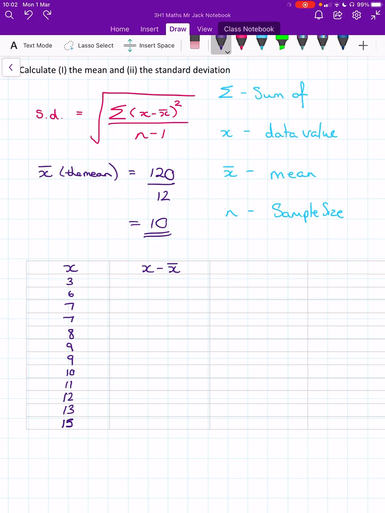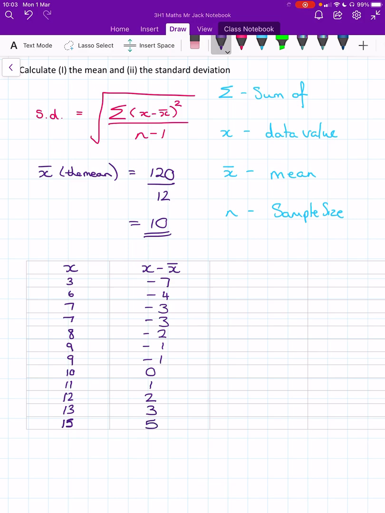So 3 subtract 10, negative 7. 6 subtract 10, negative 4. 7 subtract 10 is negative 3. 7 subtract 10, negative 3. 8 subtract 10, negative 2. 9 subtract 10, negative 1. Another negative 1. 10 subtract 10 will be 0. 11 subtract 10, 1, 2, 3, and finally 5.